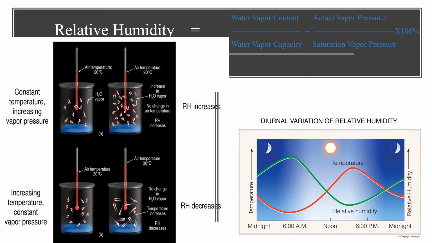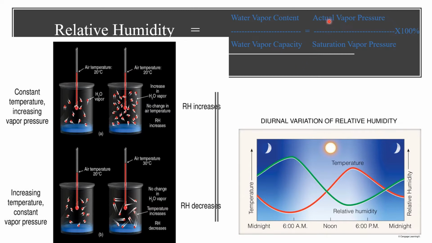It is the ratio of the air's water vapor content to its capacity, so relative humidity would be water vapor content divided by water vapor capacity. We can think of the actual vapor pressure as a measure of the air's actual water vapor content, and the saturation vapor pressure as a measure of the air's total capacity for water vapor.